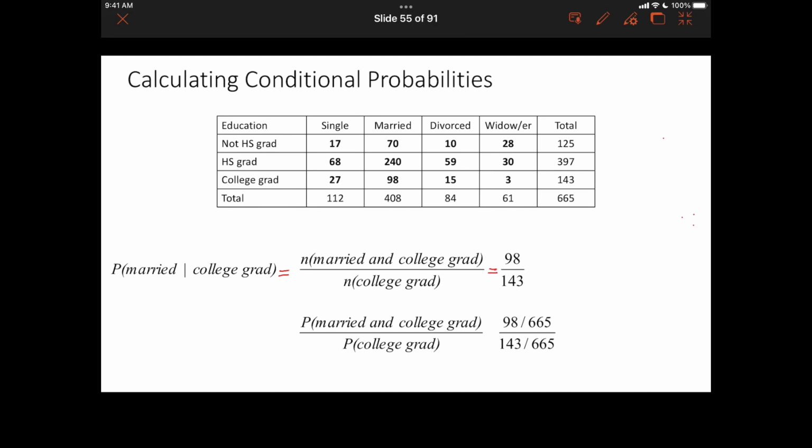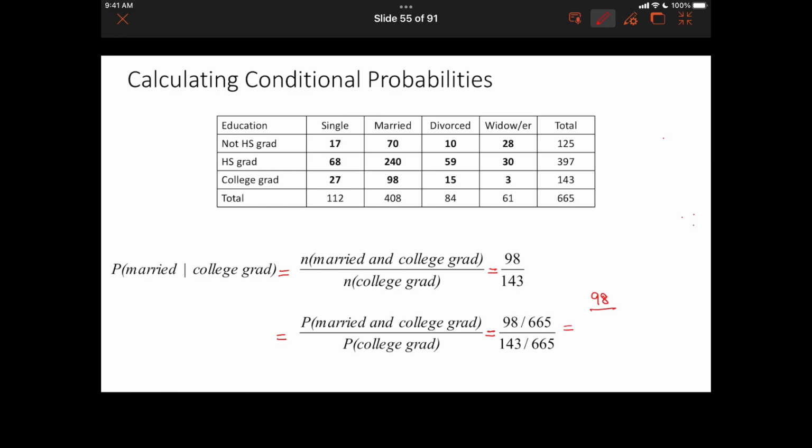So in general, the probability of being married, given that you're a college graduate, is equal to the probability that you are married and a college graduate divided by the probability that you're a college graduate. Now notice each of these has a denominator of 665.